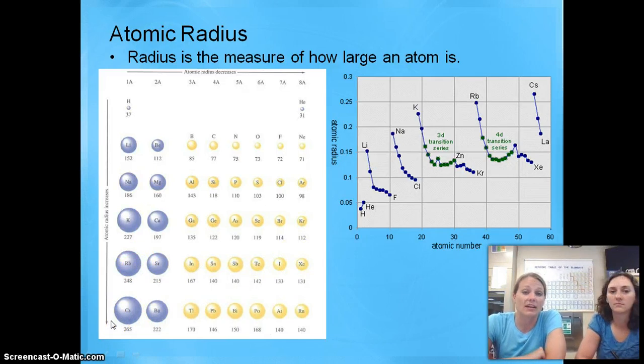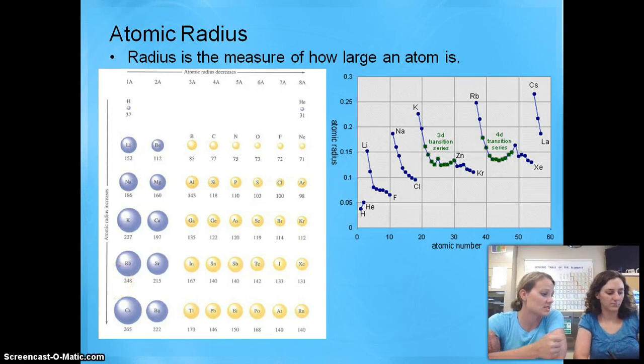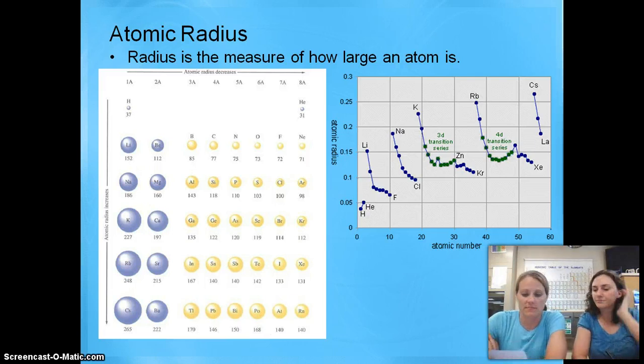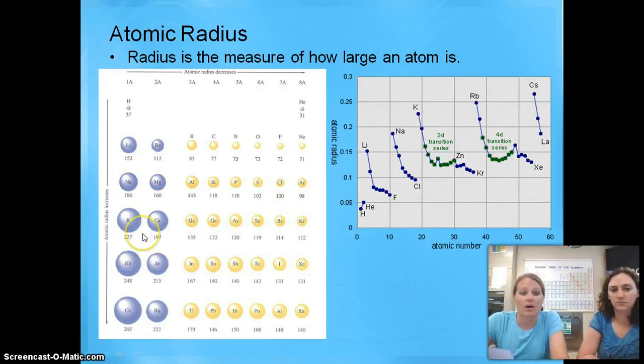In your notes, we're going to compare some atoms. Which element is larger, K or O? You won't actually have this chart, so you may want to practice using your actual periodic table. Potassium is in the first group and in the 4th period, or 4th energy level.